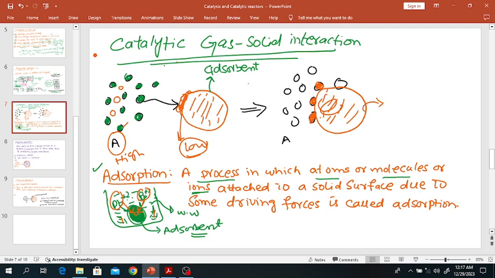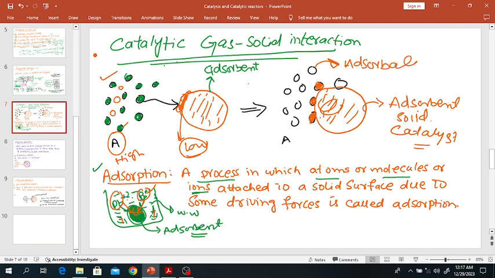So it is called the adsorbent, or solid surface, or catalyst, and these ions, molecules or atoms are called the adsorbate.